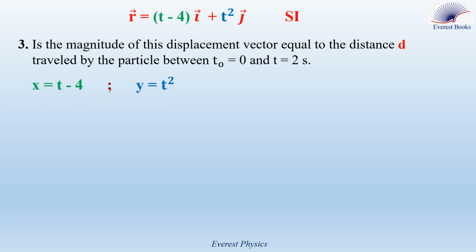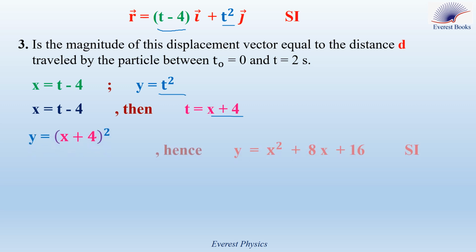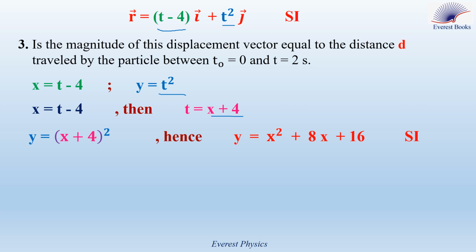The parametric equations are given by x equals t minus 4 and y equals t squared. X equals t minus 4, then t equals x plus 4. Now substitute t equals x plus 4 in the expression of y. Then y becomes (x plus 4) squared. Hence, y equals x squared plus 8x plus 16.